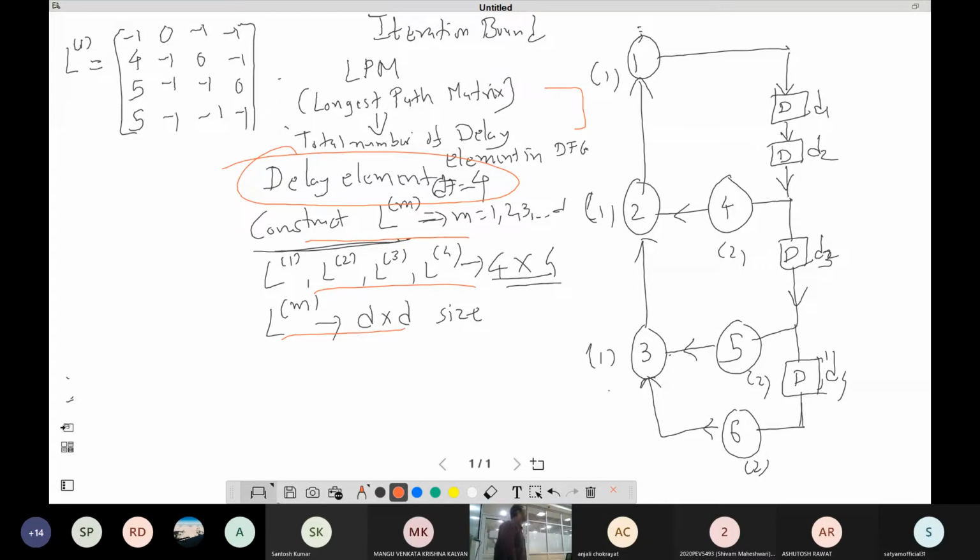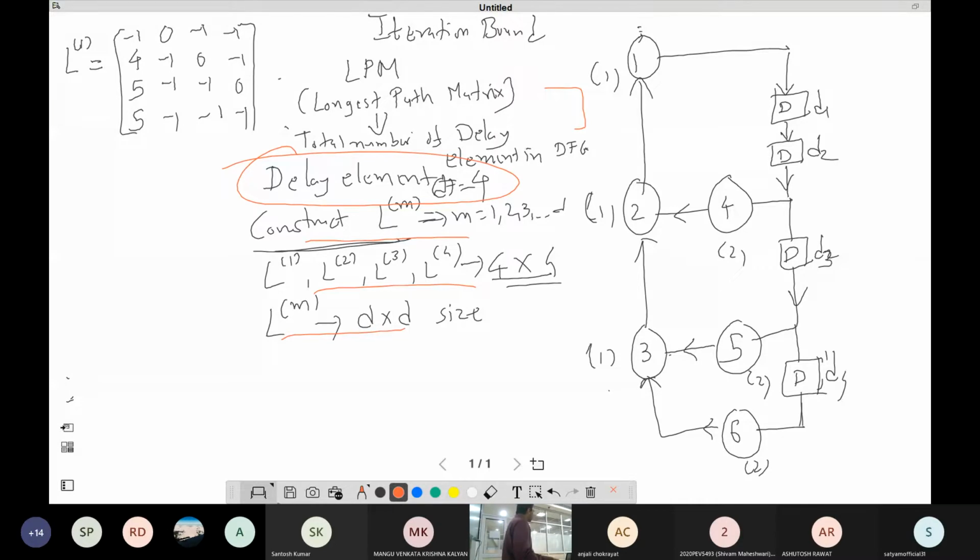The good thing is it depends upon the delay elements, not upon your nodes. It may happen that your graph has 10 nodes, maybe 20 nodes. But if the graph has only 3 to 4 delay elements, then the complexity depends upon the delay elements, not the number of nodes.